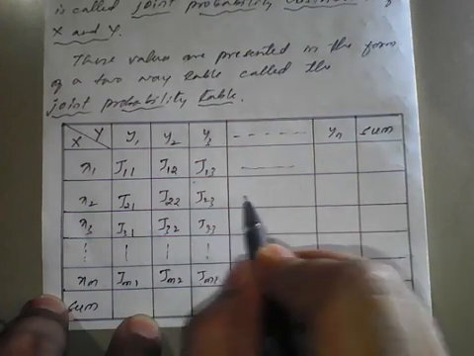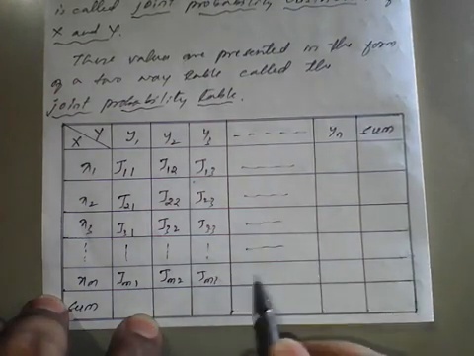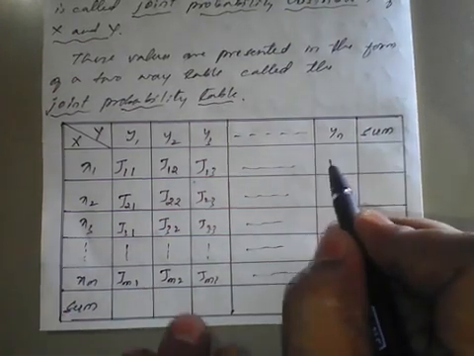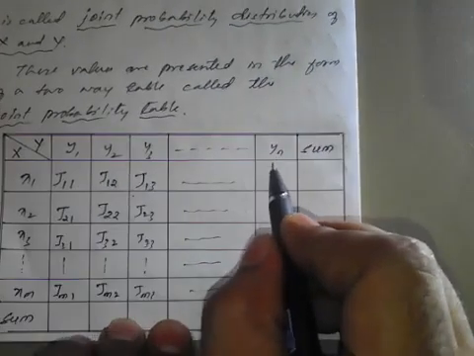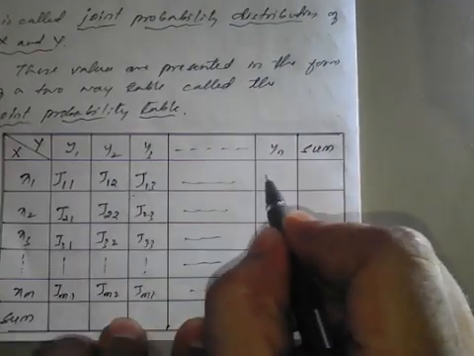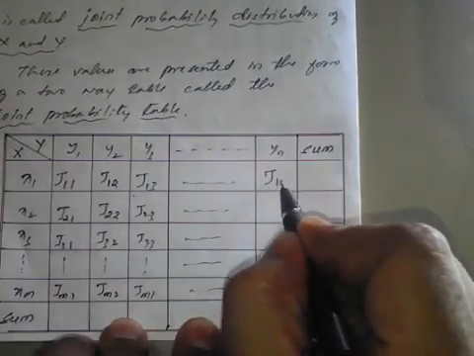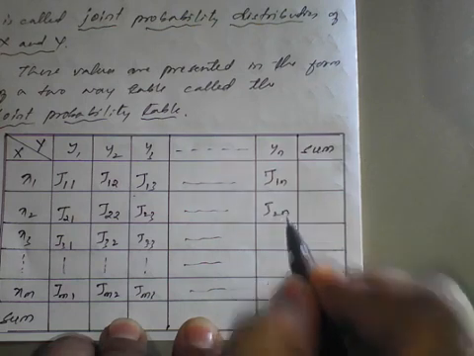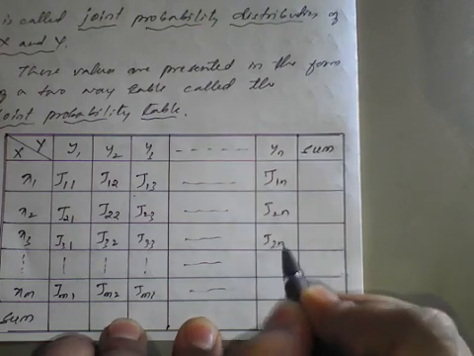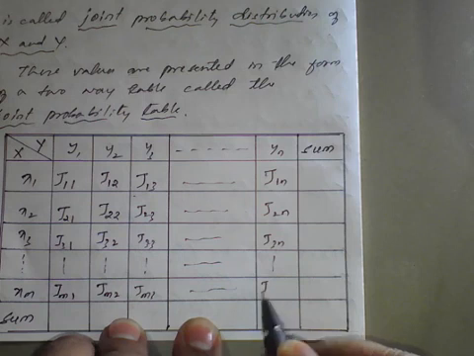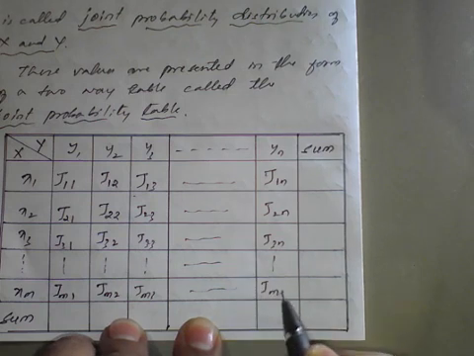Like that this table will be continued for the data. And the nth column of y with the x values is written jointly as J of 1n, J of 2n, J of 3n, and so on, J of mn.